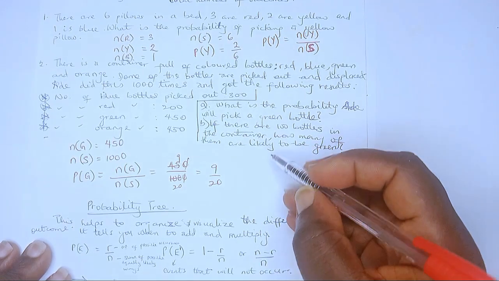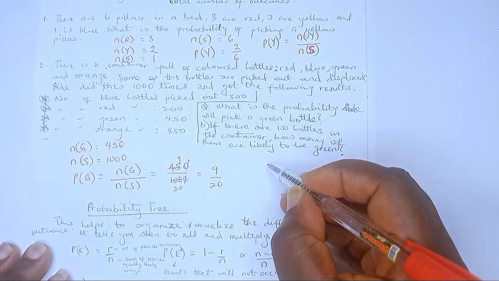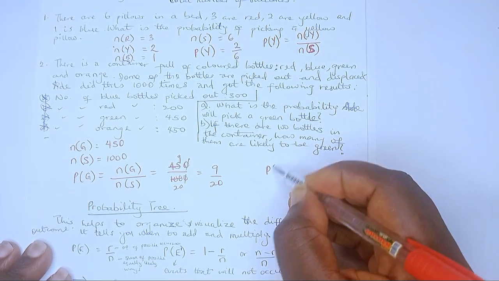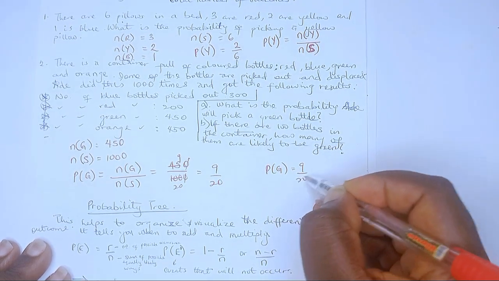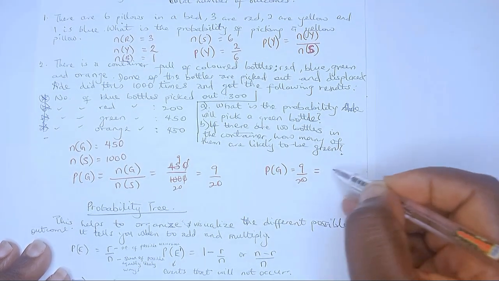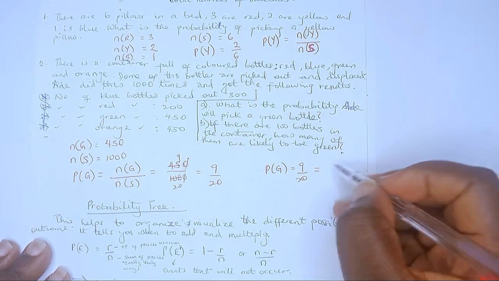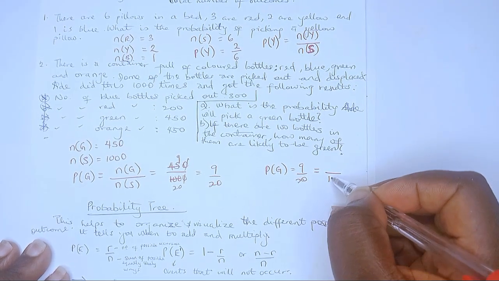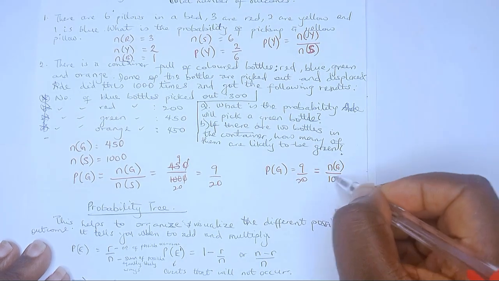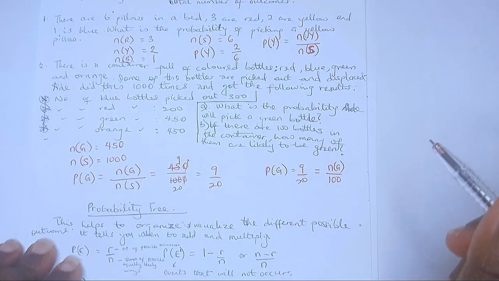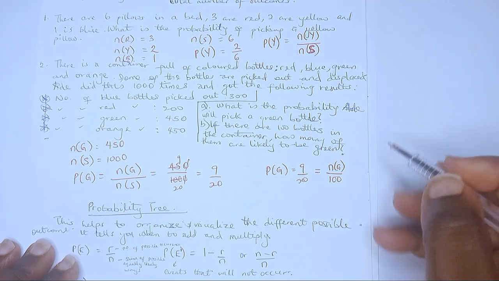So we can actually solve it using equivalent fractions by saying the probability of getting a green bottle, which is equal to 9/20, is also equal to N green over the number of sample bottles, which is 100, since we now have 100 bottles as a sample space, as given in that question B.